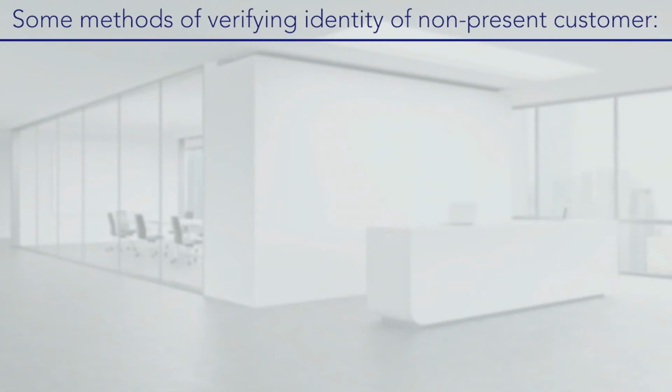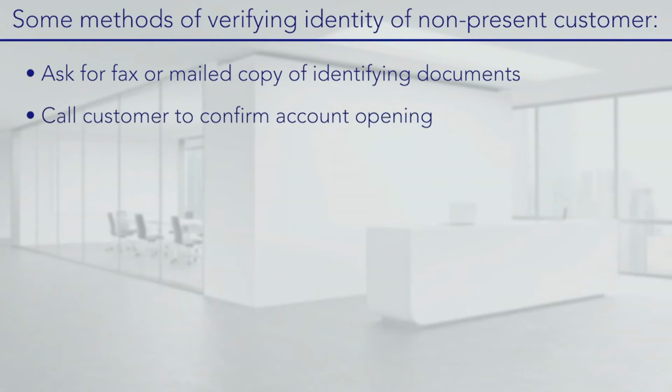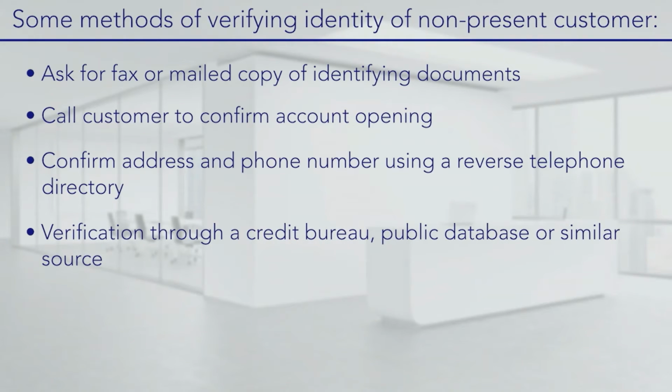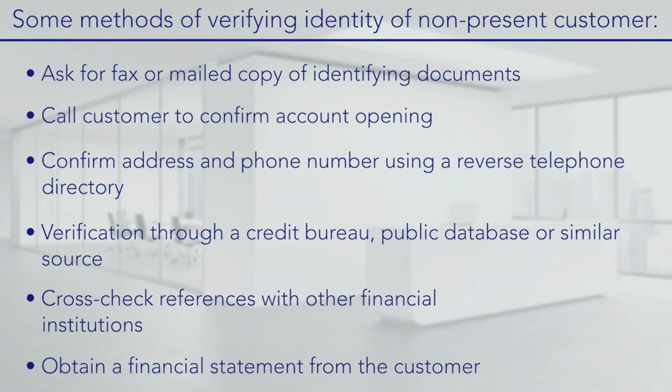That could include one or more of the following: asking the customer to fax or mail a copy of identifying documents, calling the customer to confirm the account opening, confirming address and phone number using a reverse telephone directory, independent verification through a credit bureau, public database, or similar source, checking references with other financial institutions, obtaining a financial statement from the customer.